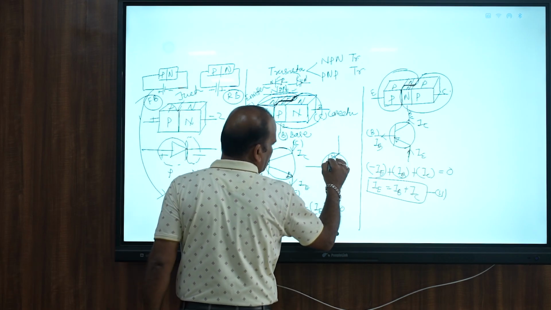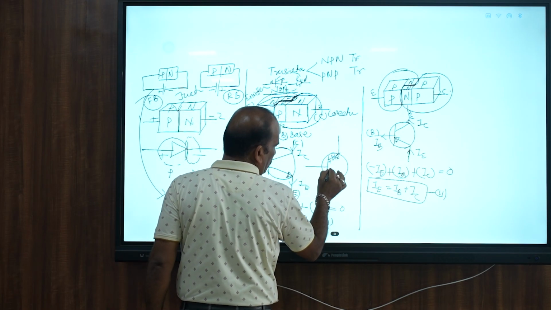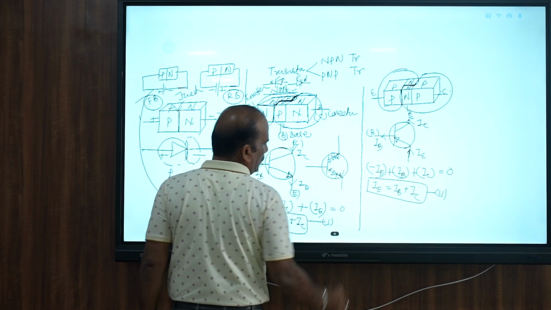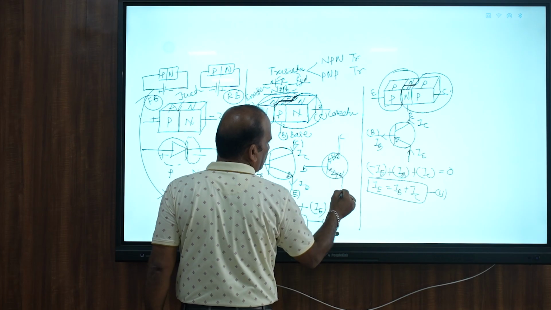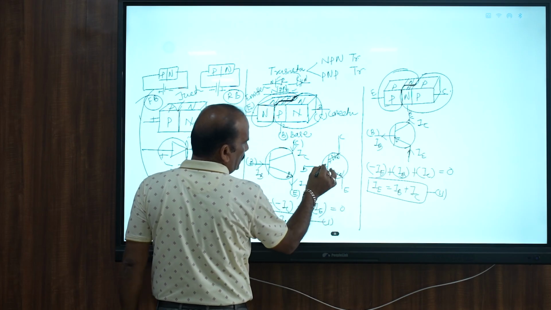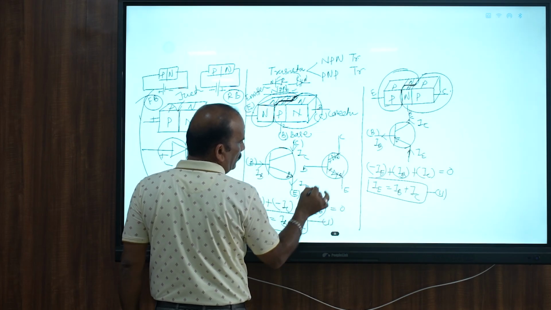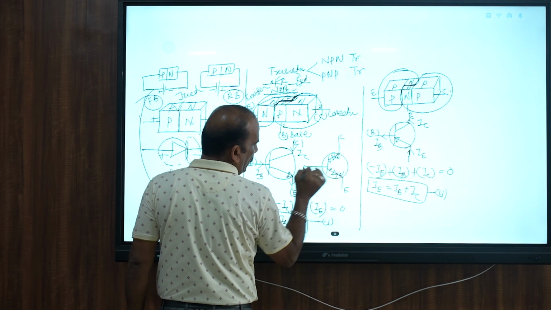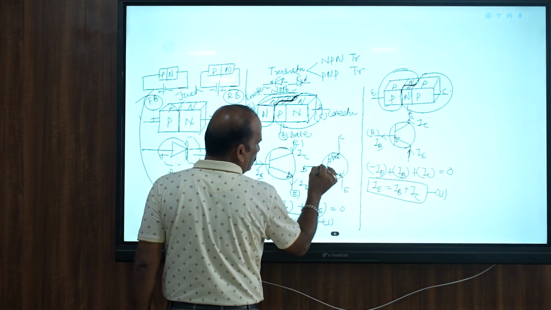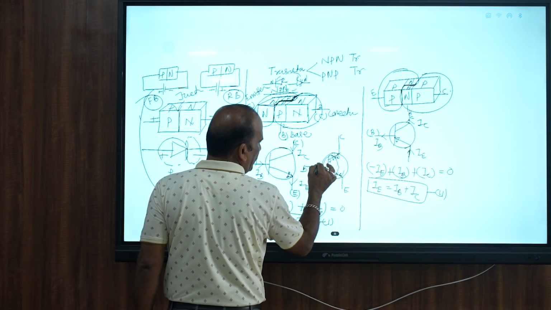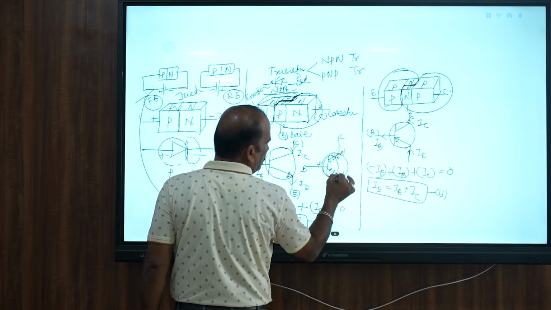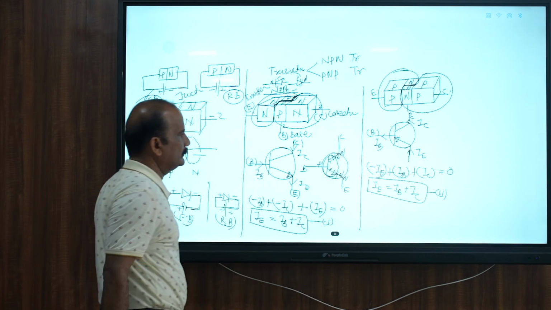Now this is your P part, this is your N part, this is your P part, this is your N part, and this is your usual base, collector and emitter. Now the half of P of one diode and half of P of another diode, taken together, the base has been constructed as a total P, and this part is N and this part is N.